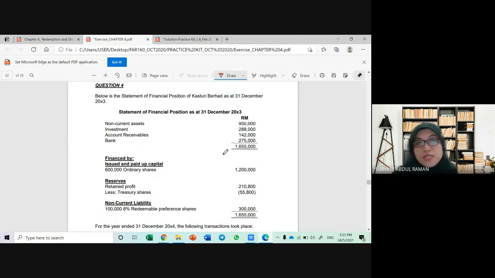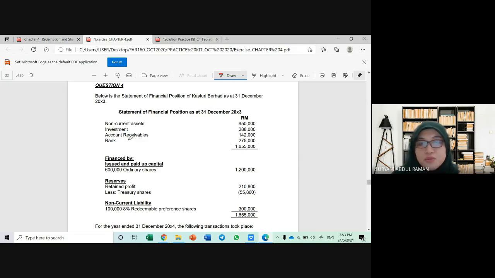So as usual, we read the question. Now we have an idea. What are the information that we need to extract? This time we have a different appearance of the statement of financial position.